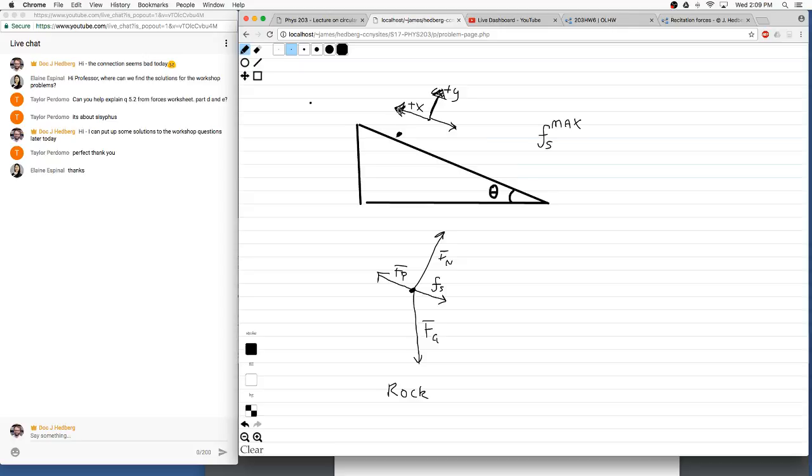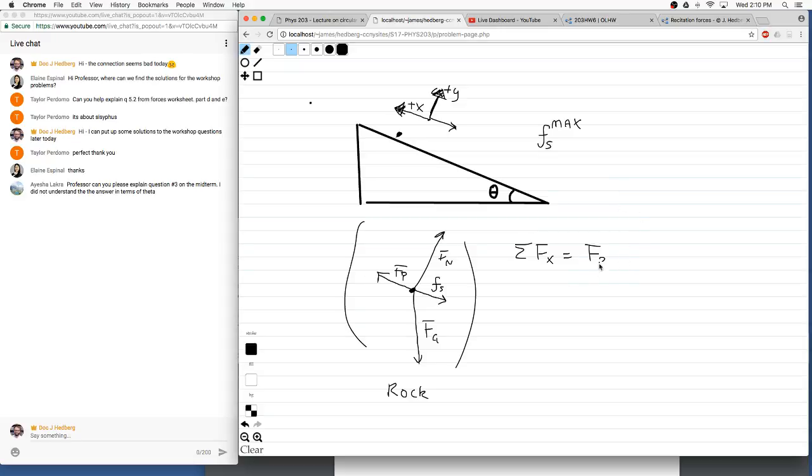Okay, so now I can do a sum of forces in the x direction, and that means I need to look at the free body diagram and tally up all the forces that are acting in the x direction, and make sure I see which direction they're going. So I have F push, that's going straight up the ramp.